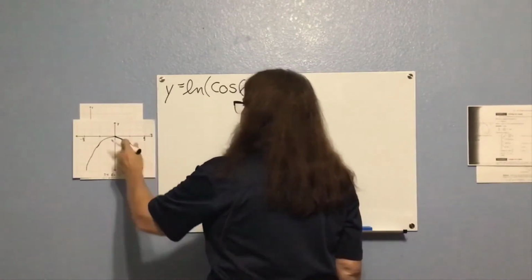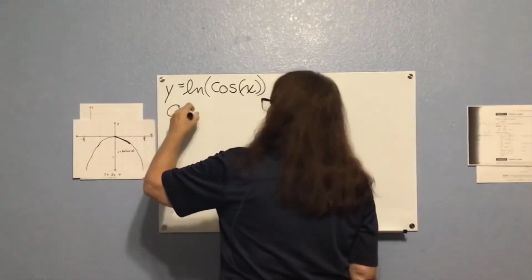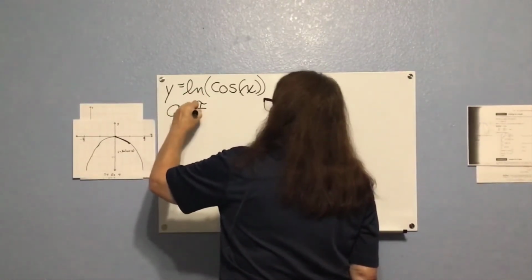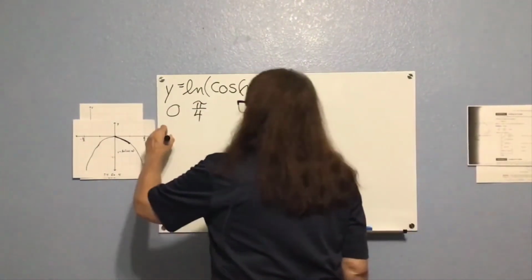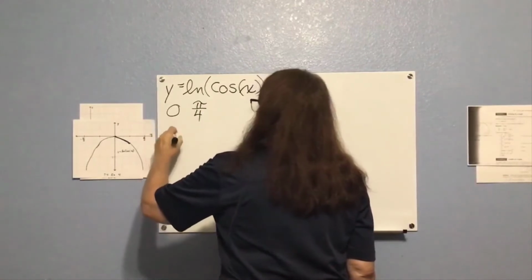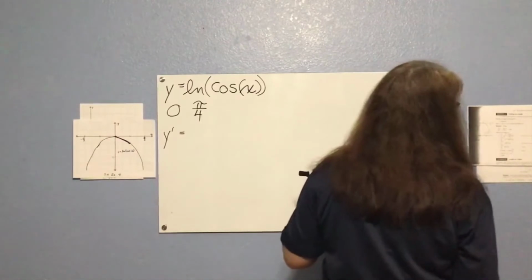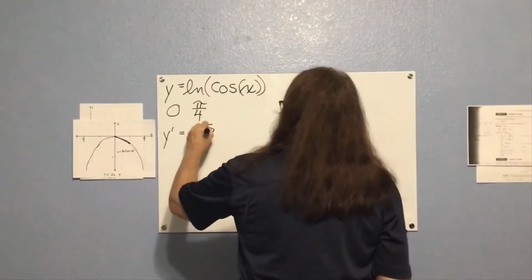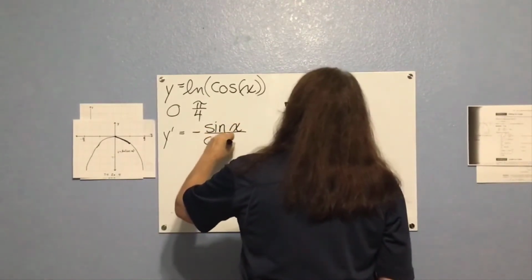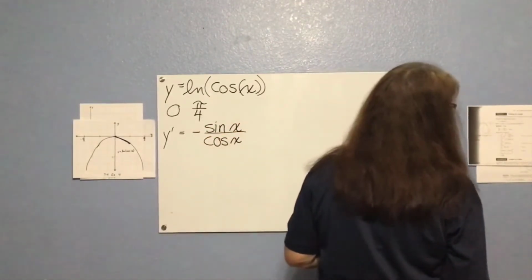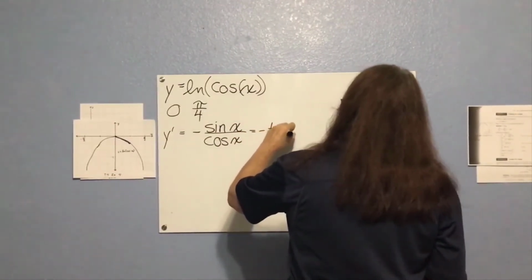And I'm asked to find this arc length, just this heavy marked part from 0 to pi/4. Okay, for this function, y prime, the first derivative, is negative sine x over cosine x, which would be, of course, negative tangent x.